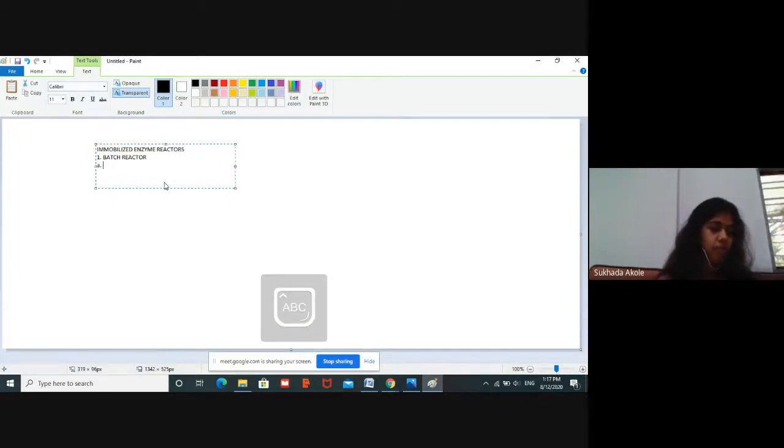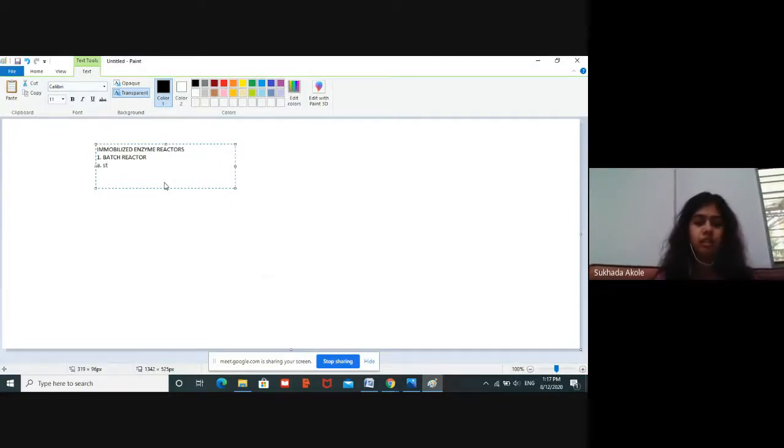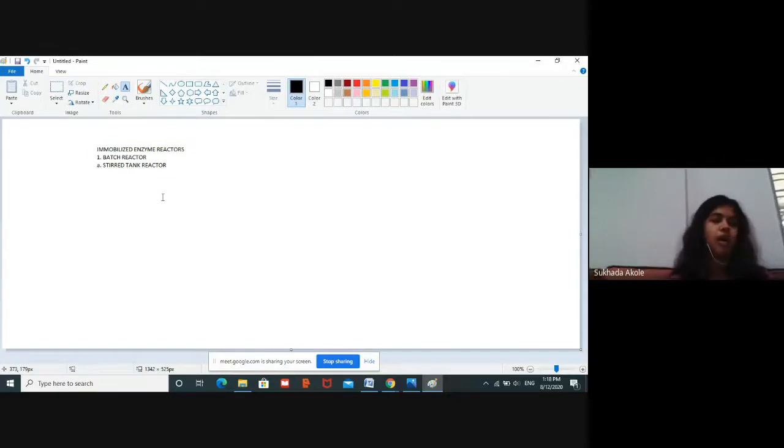The first one is called the stirred tank reactor. So now let us look at how this looks.